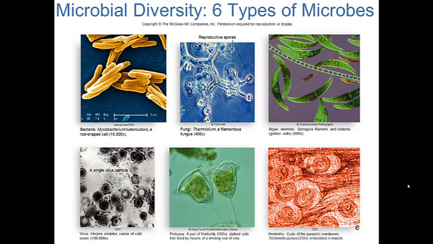Next we have protozoa. So again, protozoa and algae both can be grouped into the kingdom Protista. And Protista is sort of a catch-all kingdom. When we don't know where else to put something, it generally goes into Protista. So this textbook sort of divides that out between algae, which is more plant-like, and protozoans, which are more animal-like. So in this picture, we see a pair of Vorticella stalked cells.